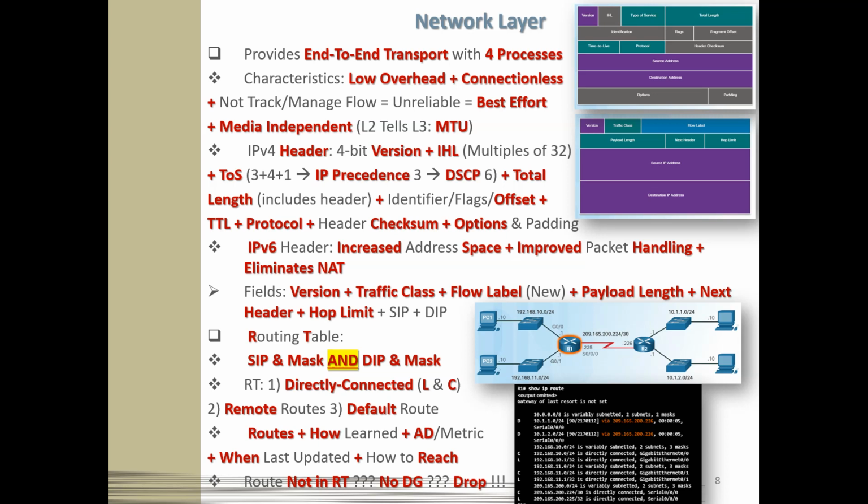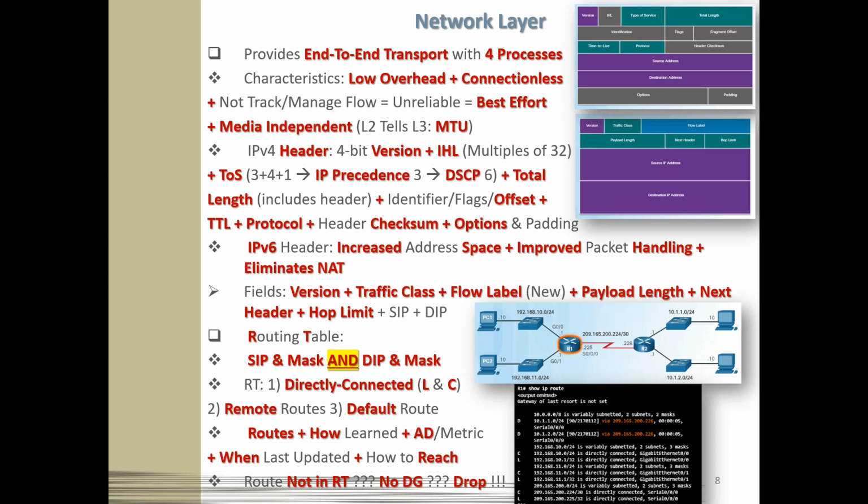We start with version, a 4-bit field that identifies the IP version being used. So it specifies if the packet is IPv4 or IPv6. If it is, let's say, IPv6, then this 4-bit binary value is set to 0110 that identifies it is an IPv6 packet.